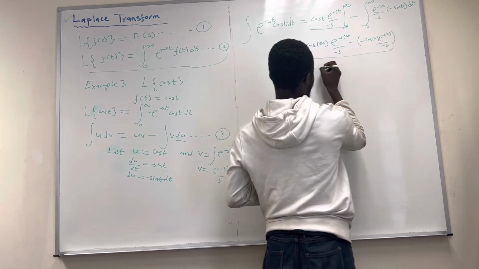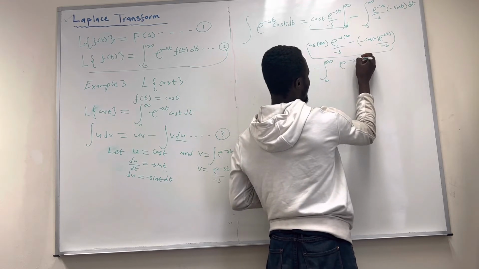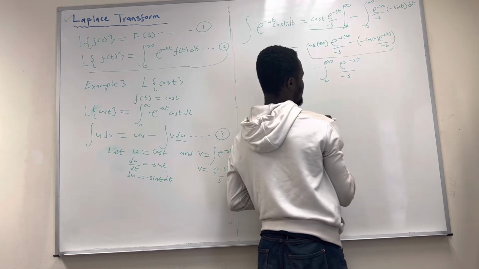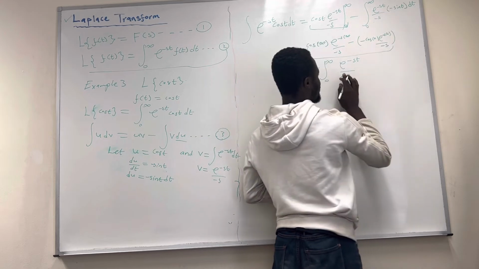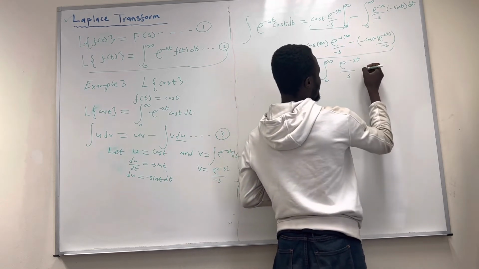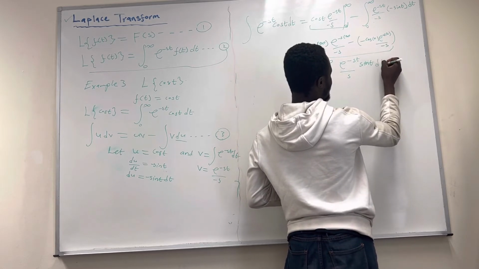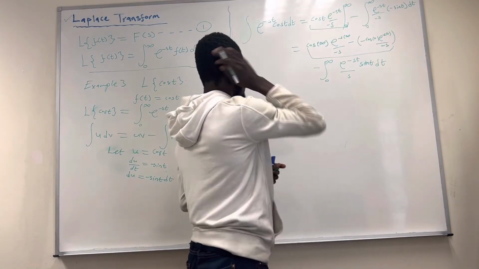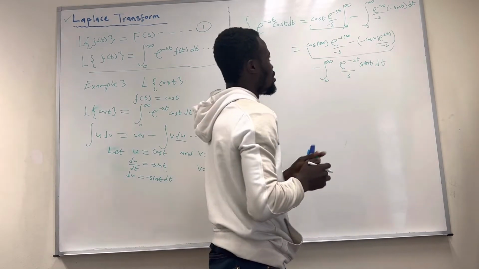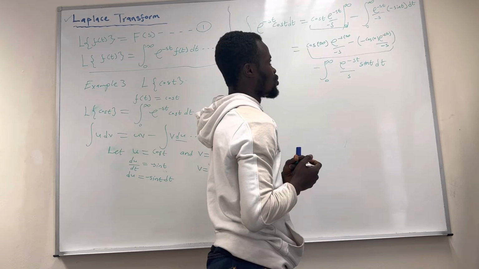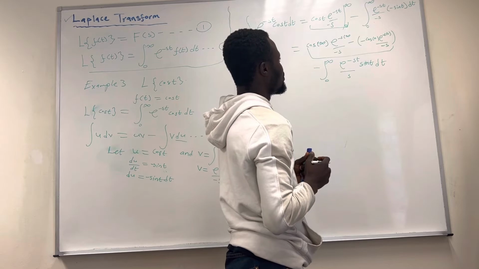Then minus the integral from 0 to infinity of e to the negative st, then this. Then we have negative here, so let us make this one positive, then sine t dt. Okay, good. So here, this whole thing goes to 0. You could see this whole thing goes to 1 over s. Look at it carefully.